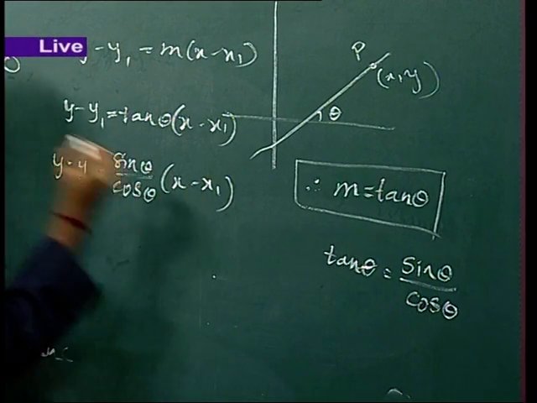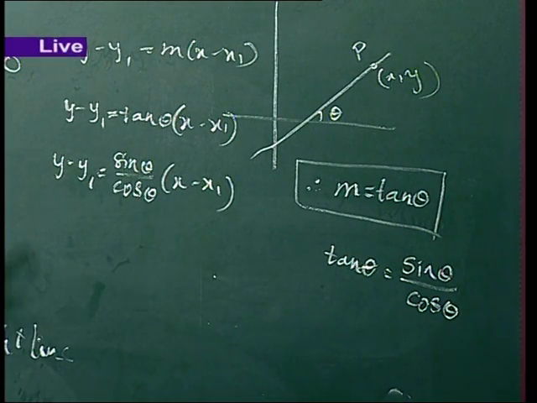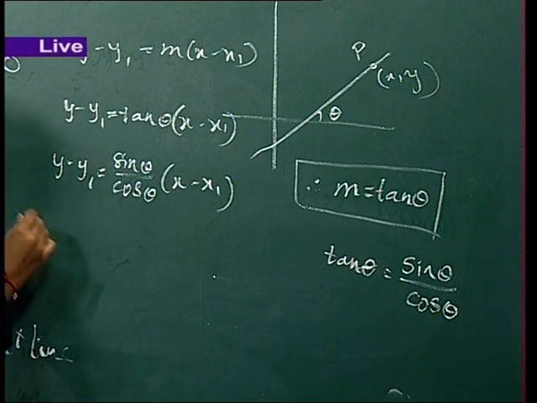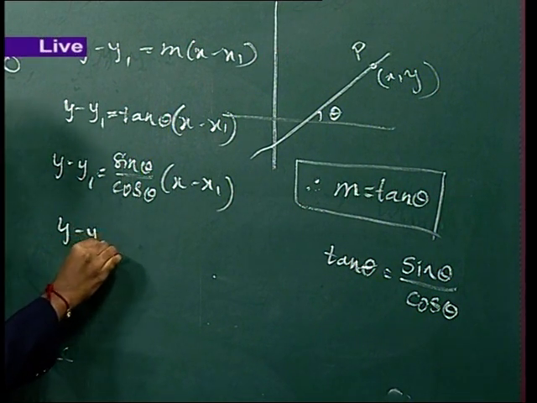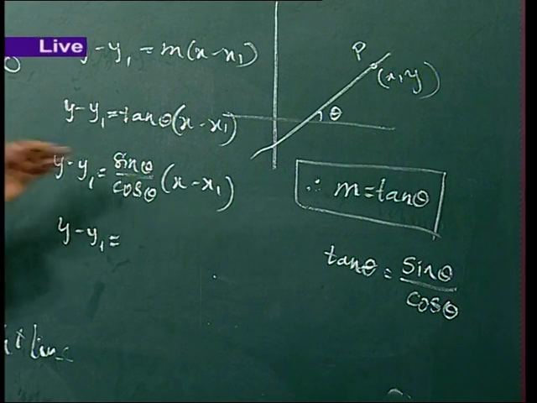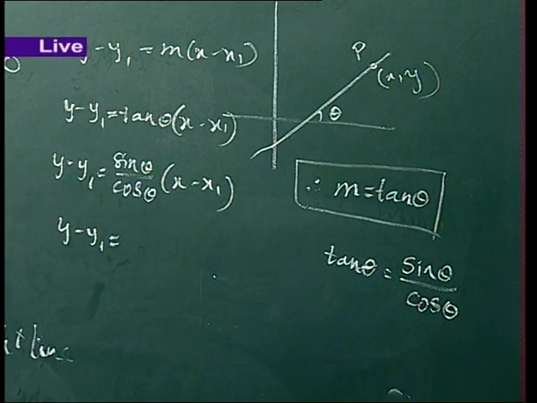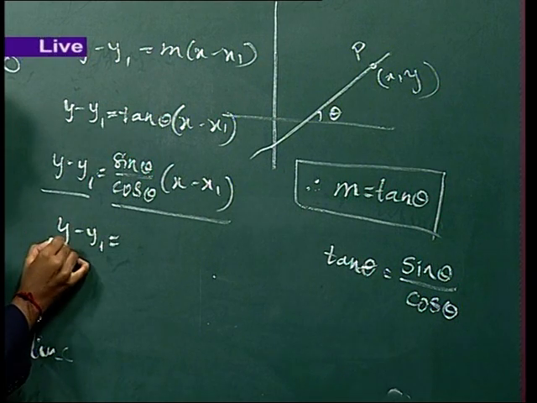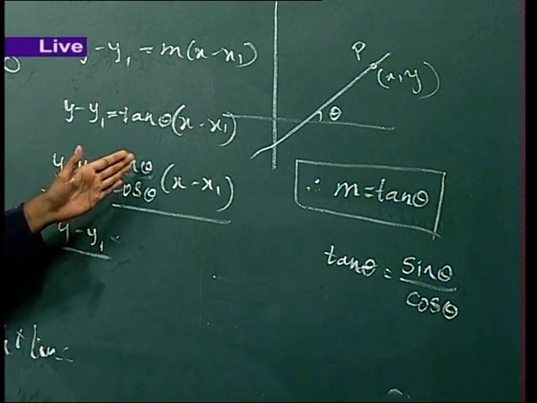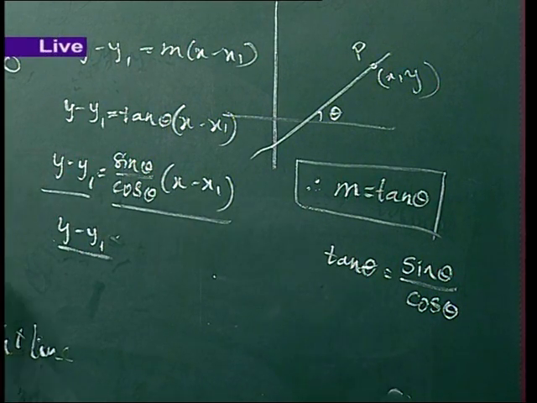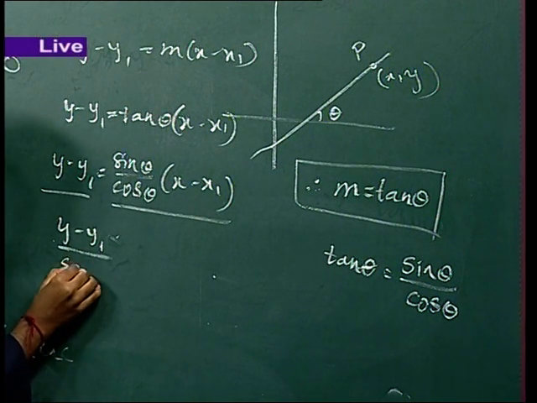Here, in x minus x1, instead of tan theta we take sin theta by cos theta. Therefore, we have to take sin theta from the right side to the left side, and it becomes division because it is under multiplication on the right side.